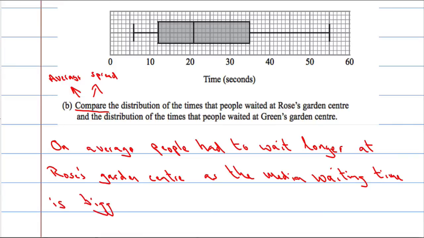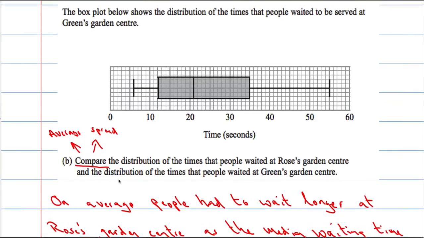Bigger median waiting time means on average people had to wait longer.